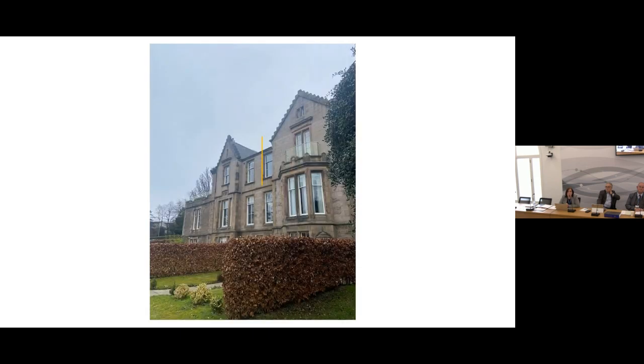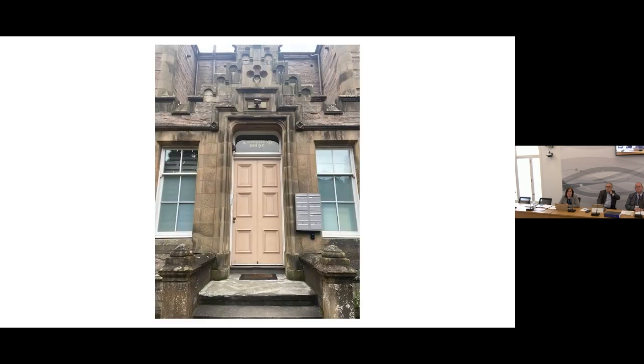Next slide, please. In the division there, there's a very faint yellow line, if you can see it, between the 2 upper floor properties. The appeal property is to the left hand side of that. You can see the garden areas of the ground floor flats at the front of the photo. Next slide, please.